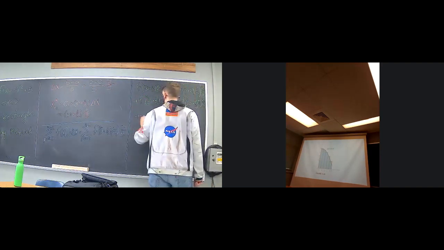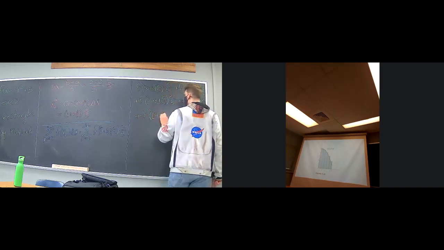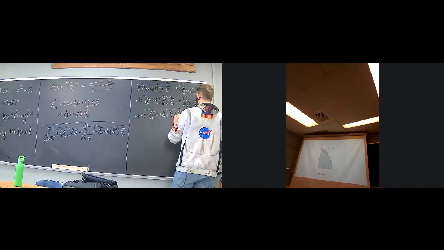This is long, I know. I'm sorry that it is long. 2 over 5, 2 over 5, and finally, plus f, n is now equal to 4, plus 1/2, 2 over 5, 2 over 5. Holy hell, that's a lot, right?